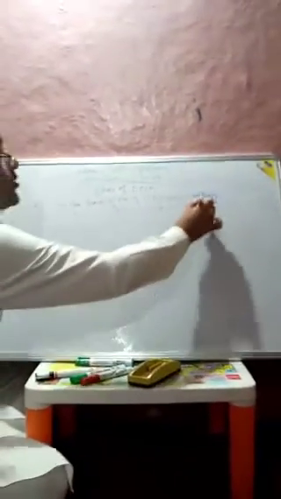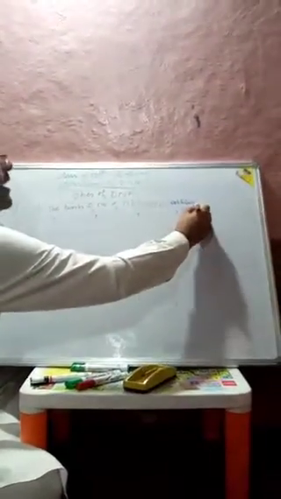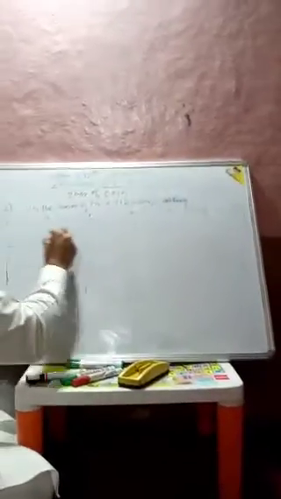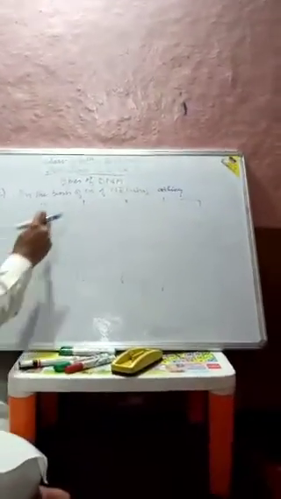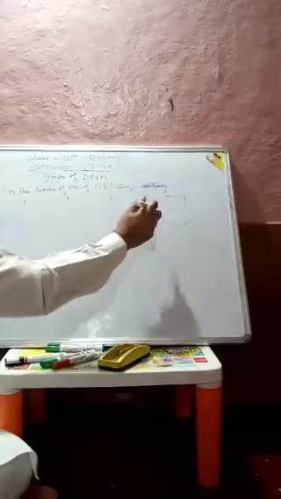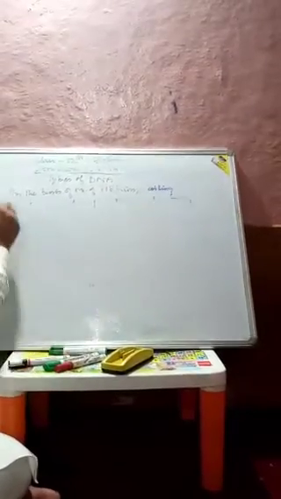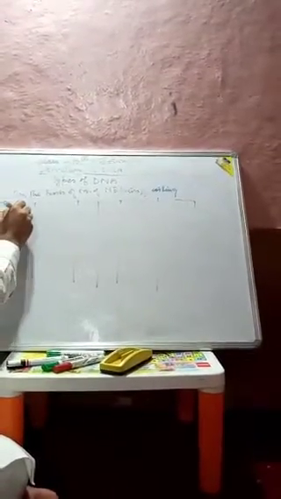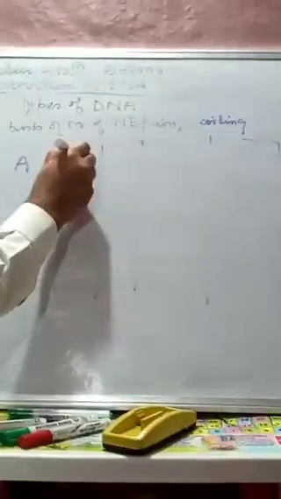I will simply draw the chart and this will become somewhat easier. This is the DNA. What types of DNA have we got? We have DNA A, DNA B, DNA C, DNA D, DNA Z.